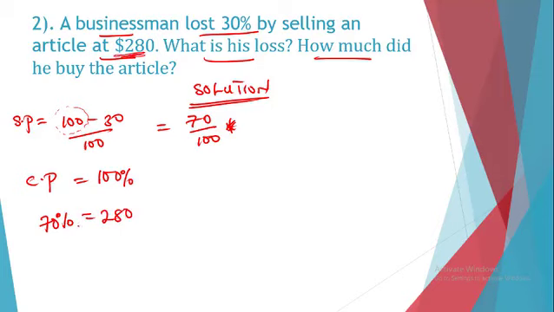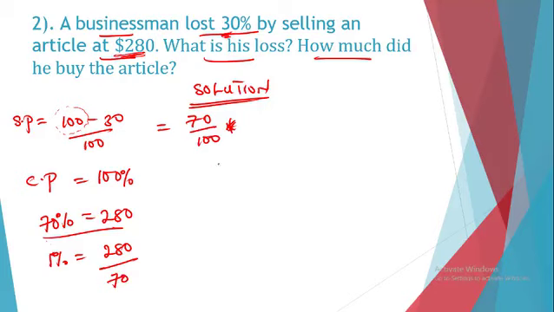Now we are told that he sold an article at 280 US dollars and then he lost 30% of his income. That is to say that he sold 70% of the goods at 280 US dollars. So to determine the value of 1%, we have that 1% is equal to 280 over 70, such that 70 times 1% will still give us this 70%.